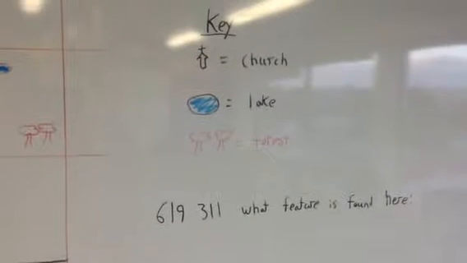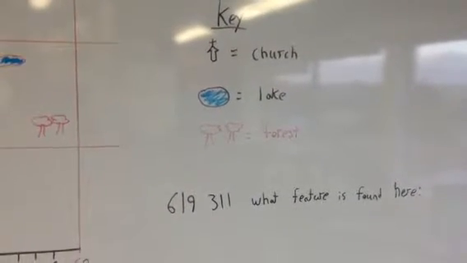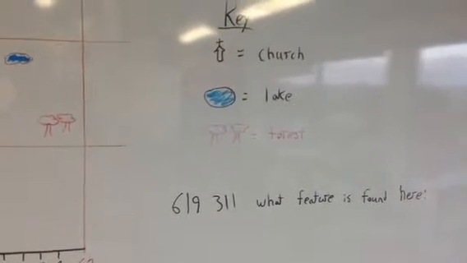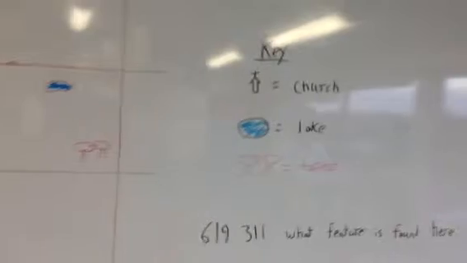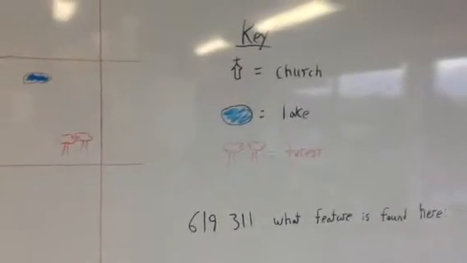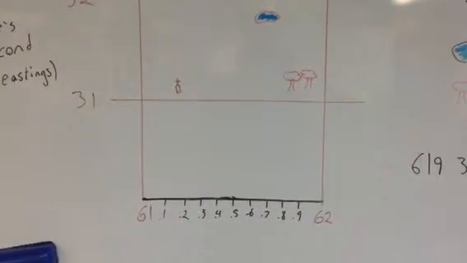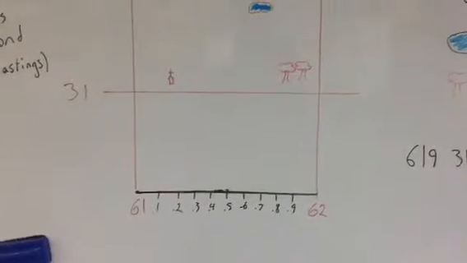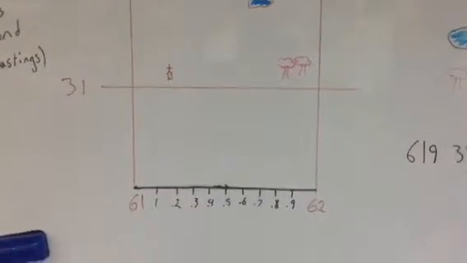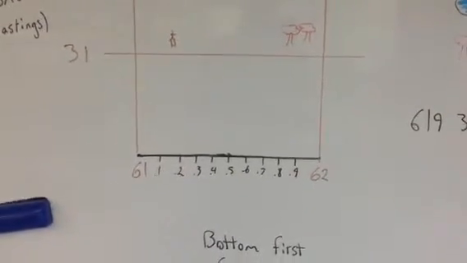Look at the key to know what feature is represented. In our key, a little house with a cross on it means it's a church. To find the grid reference for the church, we start at the bottom and go across. We know it's between 61 and 62, and we need the third number.